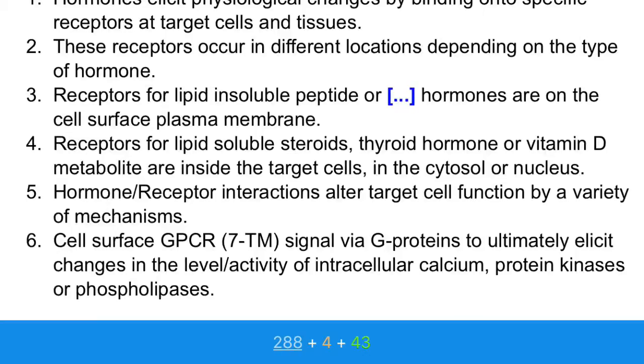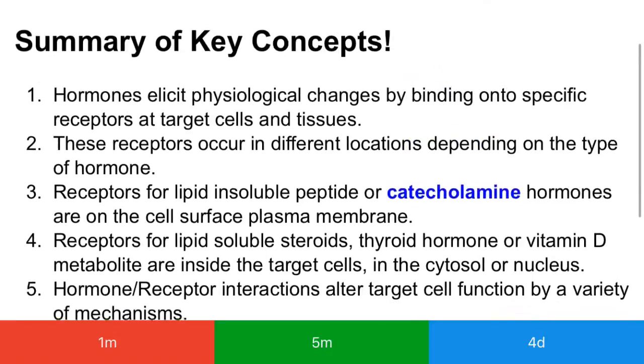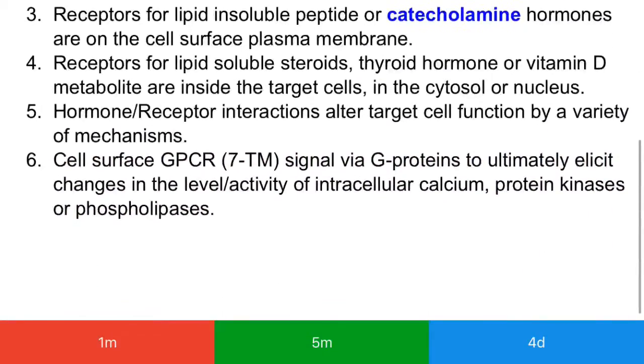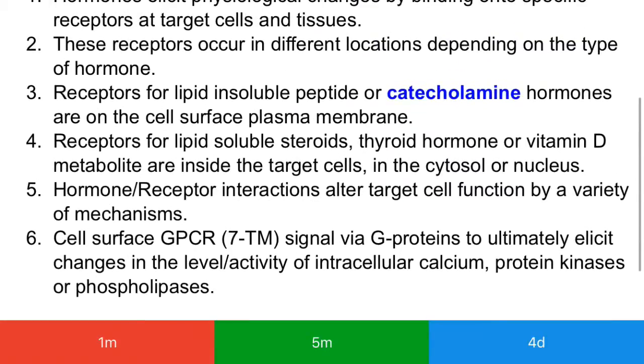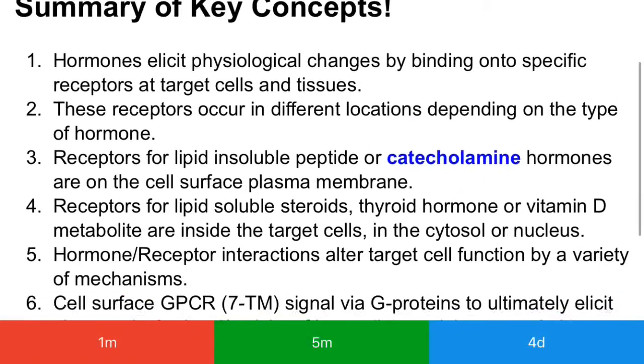Lipid insoluble peptides or hydrophilic, large, catecholamine. Okay, catecholamines. Cool. Catecholamines, that'd be like acetylcholine on the cell surface. And when we're just talking about the M1 muscarinic receptor, so yeah, so GPCR is a great example of this.